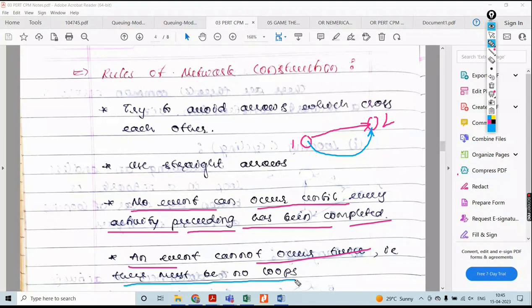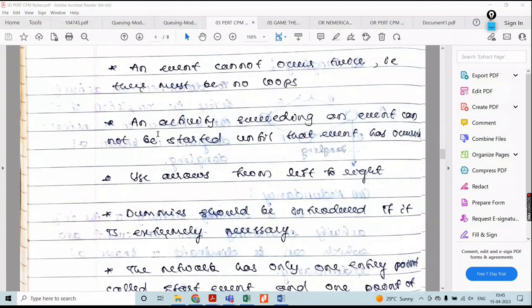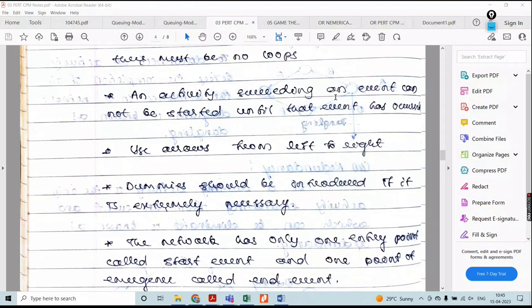What it means? There must be no loops between two events which are to take place. Next, the activity succeeding an event cannot be started until that event has occurred.